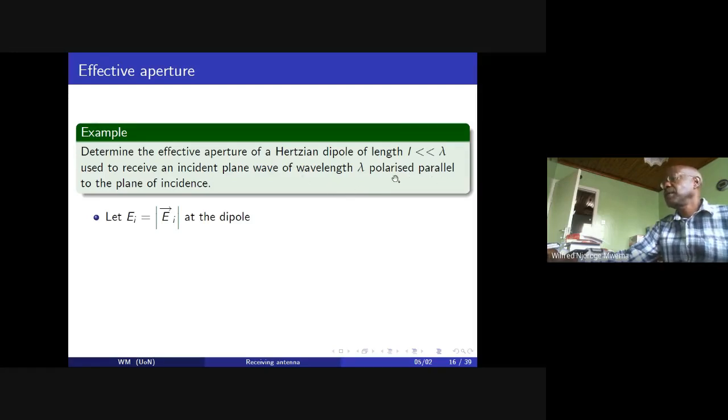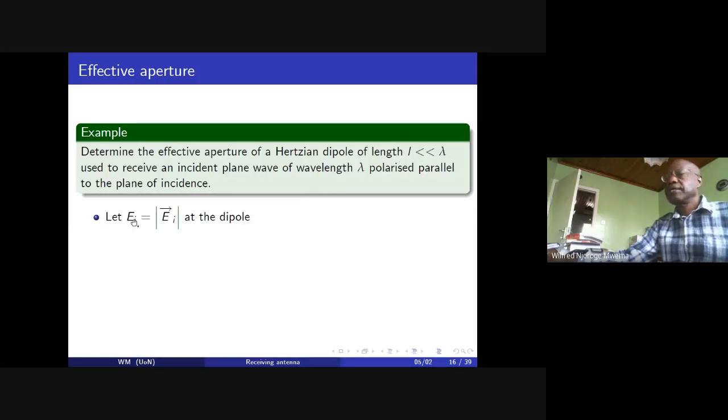We have been told that the incident wave is polarized parallel to the plane of incidence, and therefore the electric field intensity vector is in the same plane as the unit outward normal at the interface, as well as the direction of propagation vector.